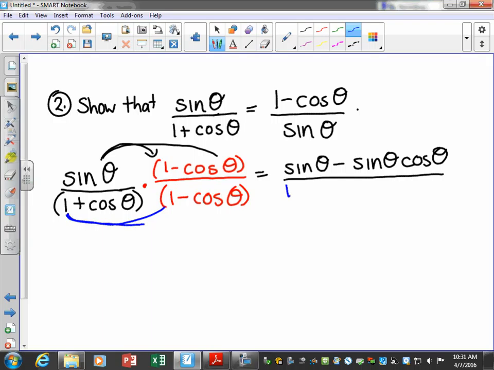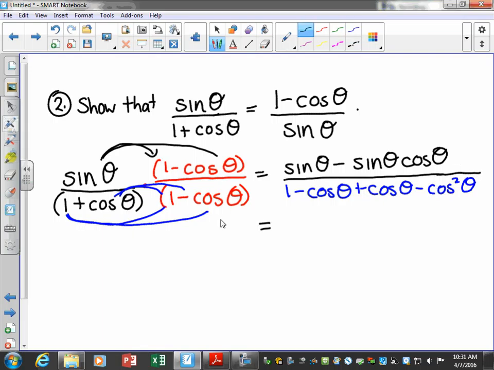What's 1 times negative cosine theta? Negative cosine theta. Good. Now cosine theta times 1 is positive cosine theta. And then a positive cosine theta times a negative cosine theta is going to be a negative cosine squared theta. Okay, so that step we just simplified.